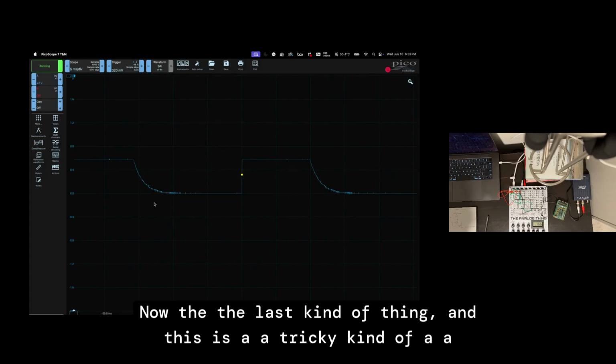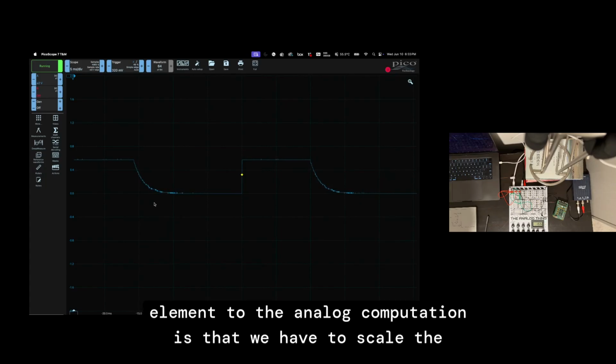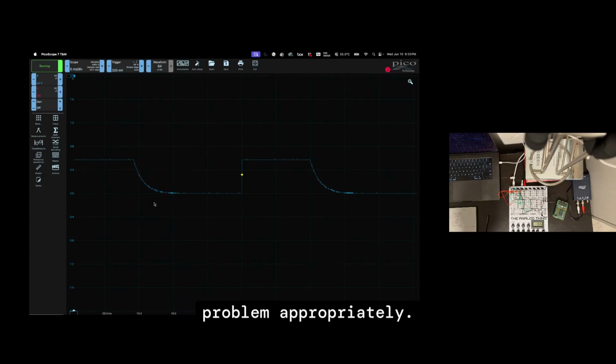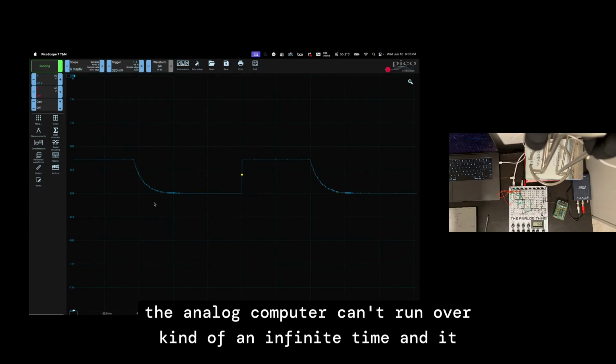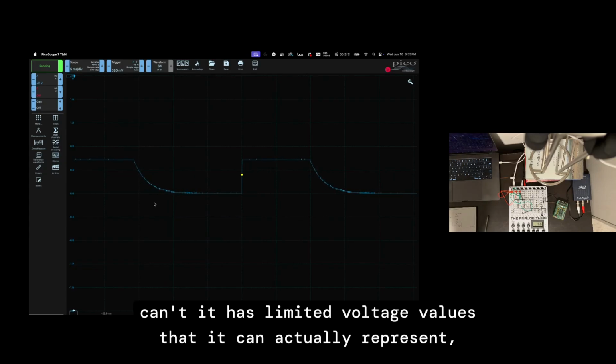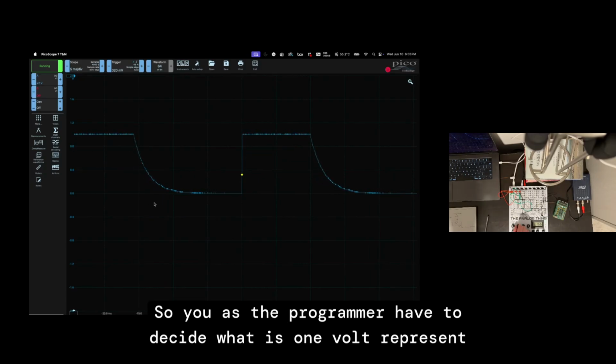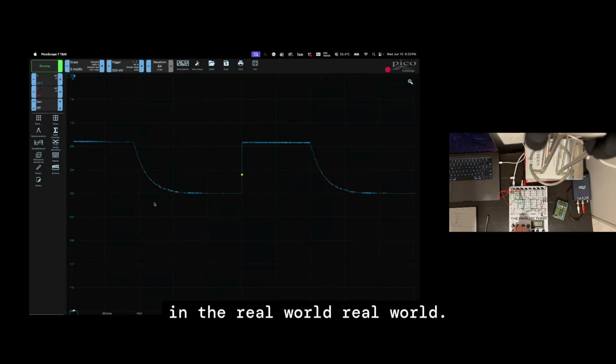Now, the last thing, and this is a tricky element to analog computation, is that we have to scale the problem appropriately. The analog computer can't run over an infinite time, and it has limited voltage values that it can actually represent, right? So you as the programmer have to decide, what does 1 volt represent in the real world.